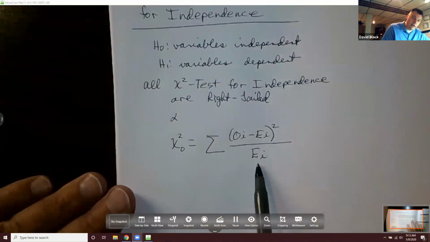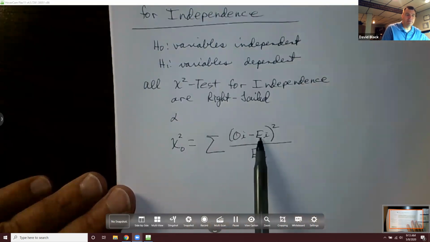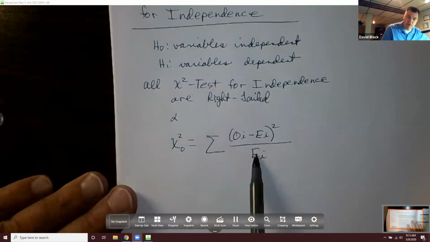Once again, we're going to have observed values, which will come from our actual data, and then we're going to have some expected values. Those expected values are the values that we would have expected to get if the variables were independent. I'll have to show you how to calculate those.